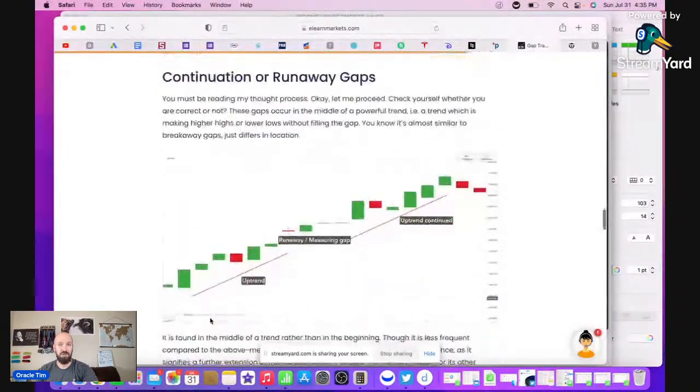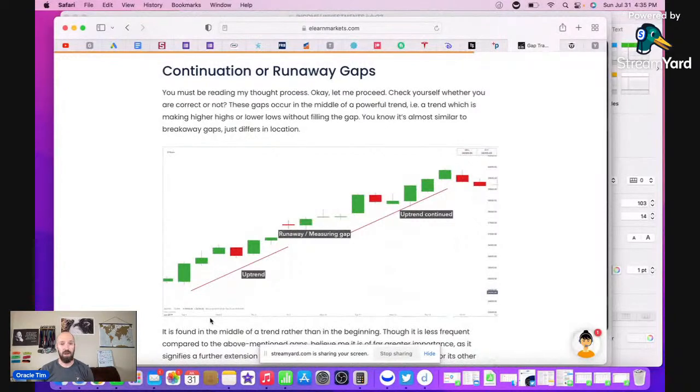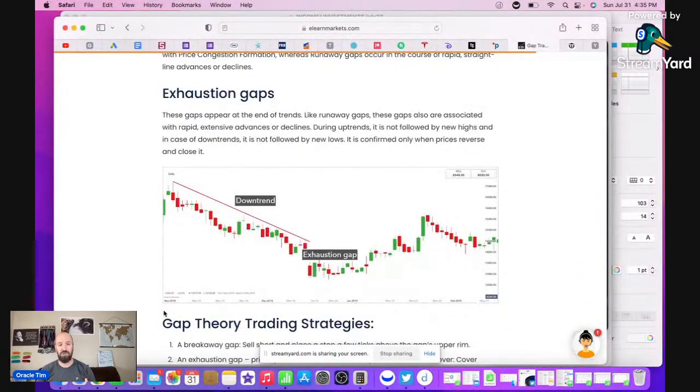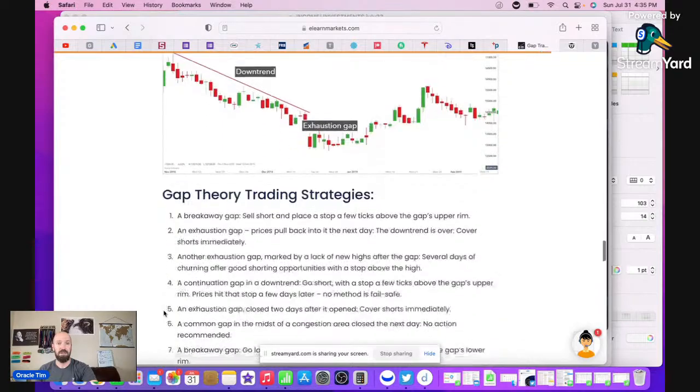Then there's continuation runaway gaps. That's like when you're on an upward trend and you just keep making gap after gap after gap on the way up. And then there's exhaustion gaps, which are similar to breakaway gaps, but on the other side of things. Like you're coming down and you end up getting that breakaway, like, all right, we're tired of coming down, we're going to break up now.